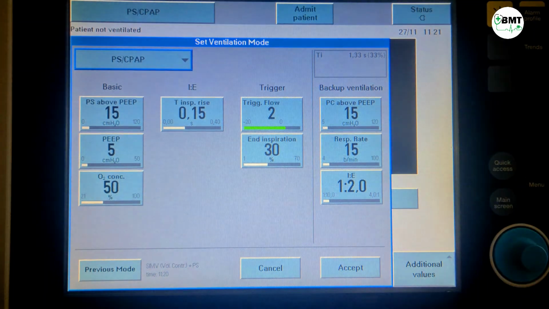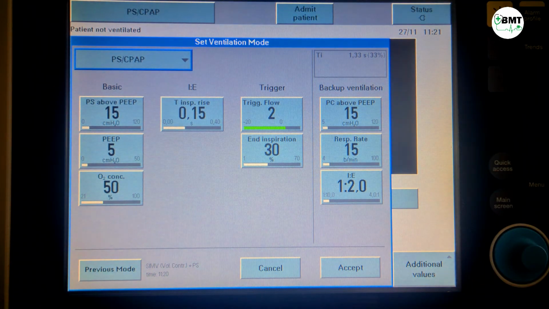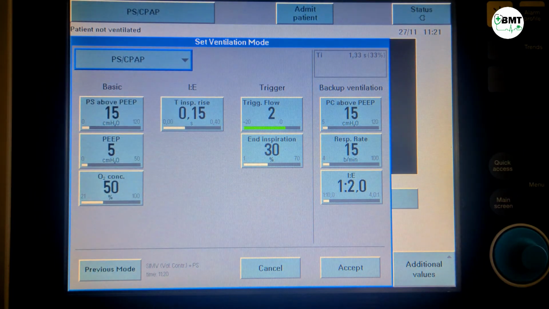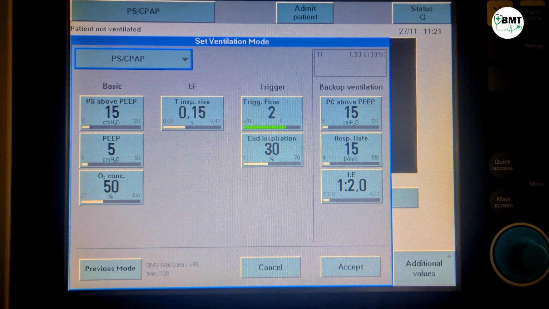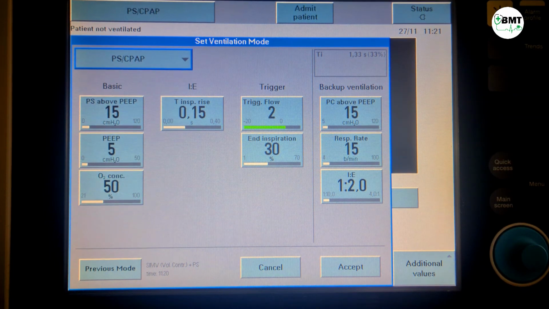As you can observe, in support mode, respiration rate, pressure control and IE time cannot be set, because in spontaneous mode, we do not limit breath of patient with any parameters. So for that, to control breath parameters, pressure control mode is set as backup ventilation mode.